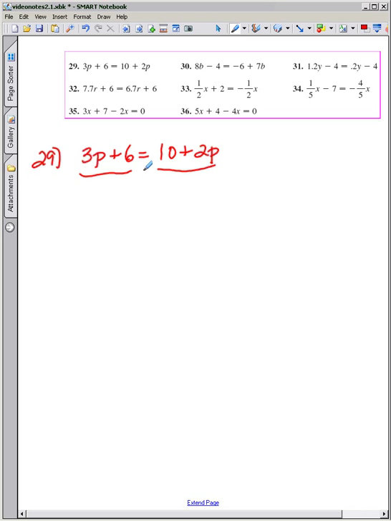I need to treat the equation as two separate sides. Okay, and what I do to one of those sides, I have to do to the other side. So the first thing that I need to do is to get all the variables on one side. And the way I'm going to do that is use the addition property of equality to eliminate it from one side.